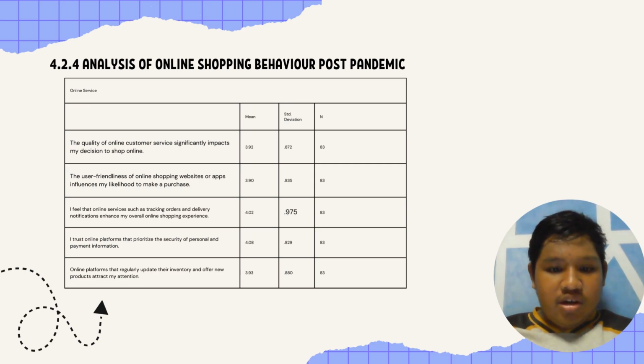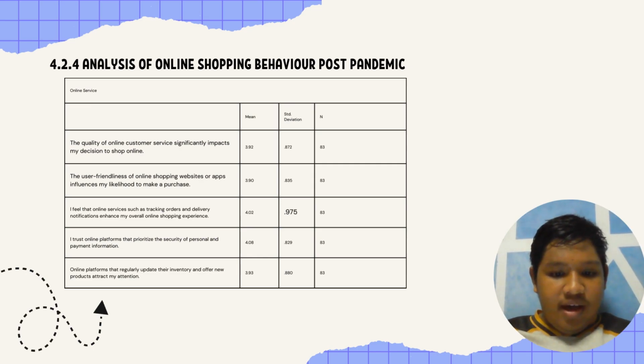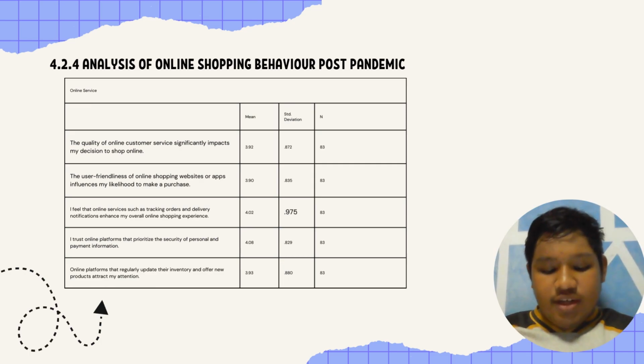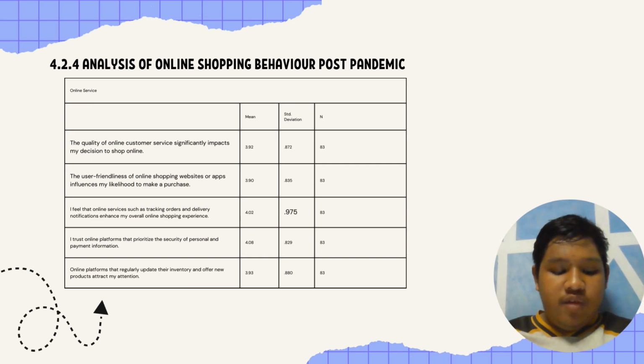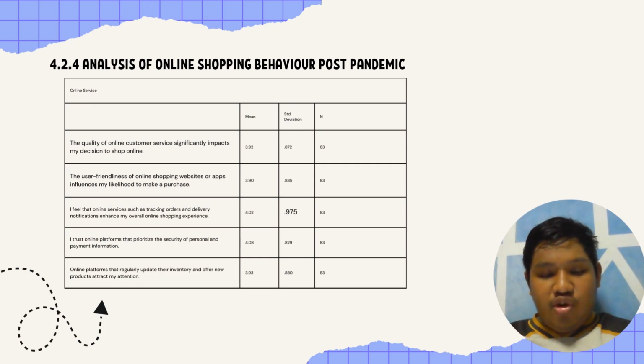Okay, for question 4, about "I trust online platforms that prioritize the security of personal and payment information," they score the highest mean, which is 4.08, meaning that it is the most influential question for online service. Okay, the standard deviation is 0.829, which shows how much variation or dispersion exists from its mean.